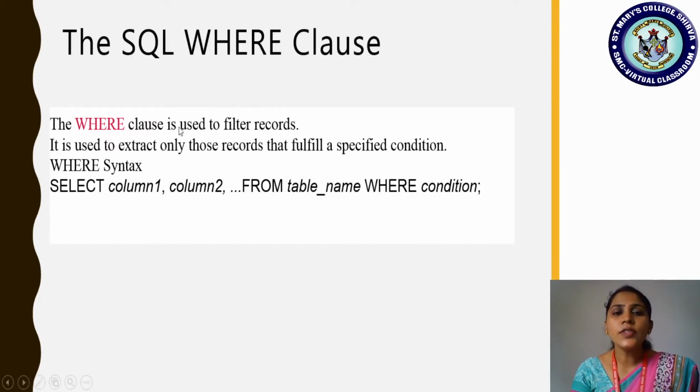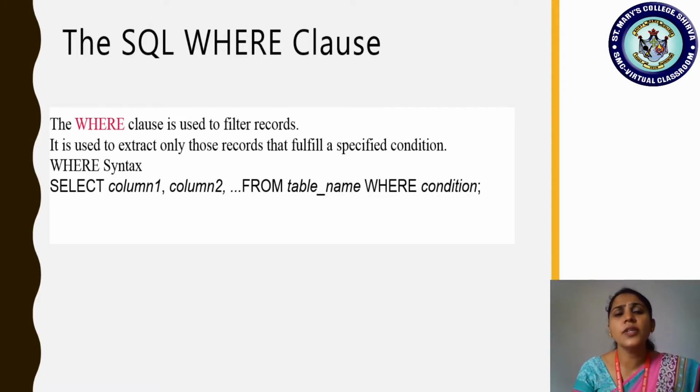The WHERE clause is used to filter the records. So what do you mean by filter the records? Suppose our department has a database keeping the student information of all the 3 year BCA students, first, second and third year students.